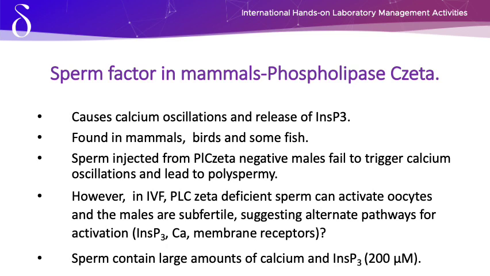This was found out in mouse IVF, suggesting that anyway, if the sperm do not have PLC zeta, there are alternative pathways for activation, such as inositol triphosphate or calcium itself. And it's good to remember that sperm contain enormous amounts of calcium and inositol triphosphate anyway, so they would have enough of these chemicals upon fusion to activate the oocyte anyway.